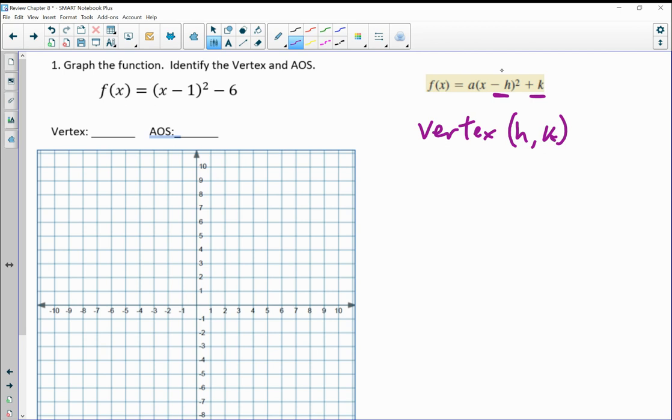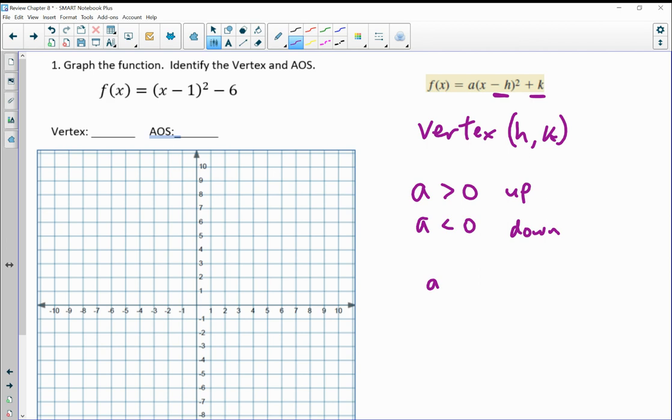And then we have our a. A determines whether we open up or down. So if a is greater than 0, we open up. When a is less than 0, we open down. And remember, a also determines narrow versus wide, right?